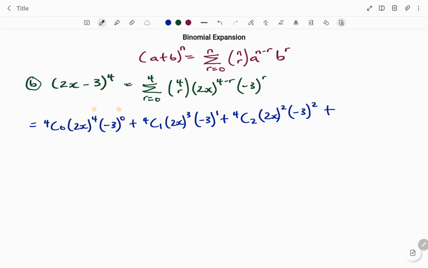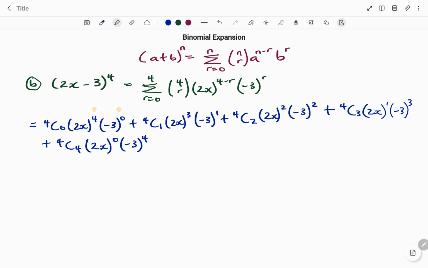I have plus 4 combination 3, then we have 2x, 4 minus r, 4 minus 3 is 1, then I have negative 3 to the power of 3, and the last one will be 4 combination 4 in bracket 2x to the power of 0, negative 3 to the power of 4.